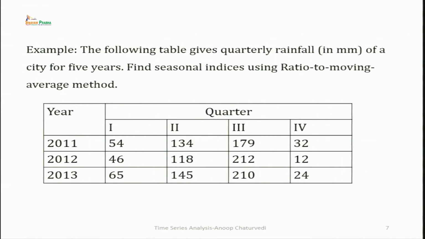We have quarterly data of rainfall in millimeter of a city for, then find seasonal indices using the ratio to moving average method.